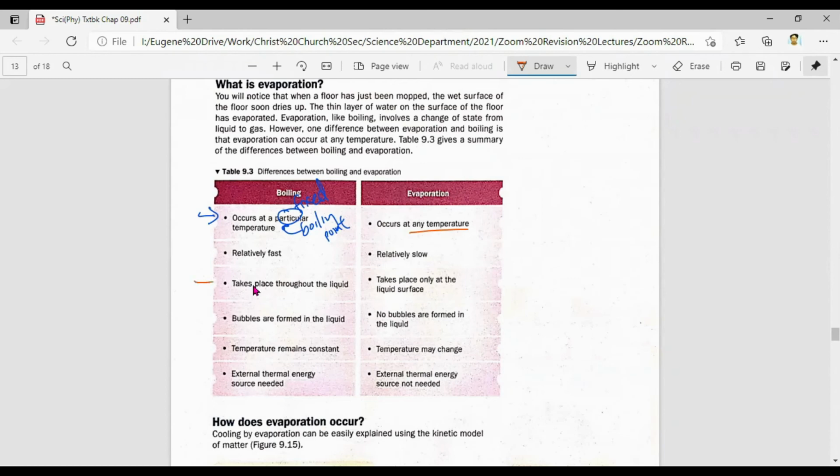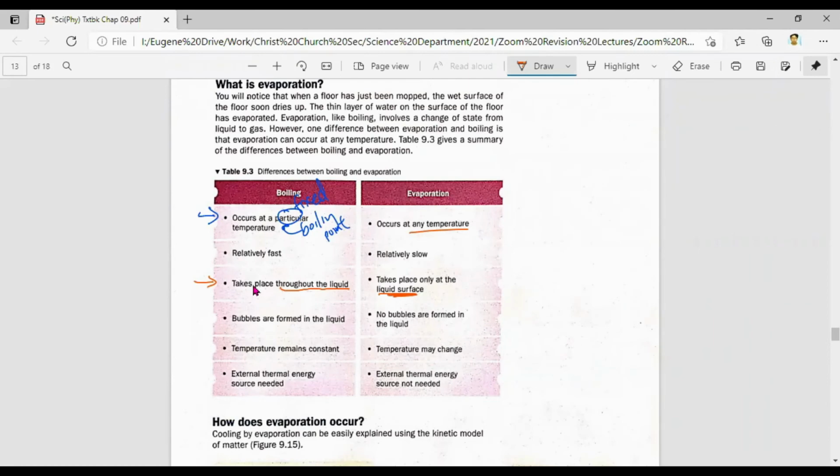Next one, I really need you to take note: boiling actually occurs throughout the liquid. So when boiling occurs, all the liquid within the substance is changing into gas. Whereas during evaporation, only the surface, the particles there, are changing from liquid to the gaseous state.